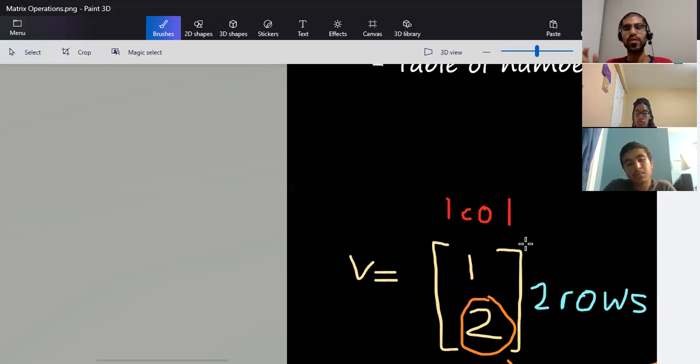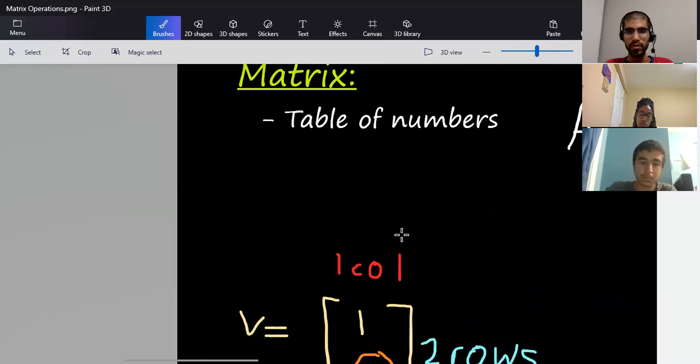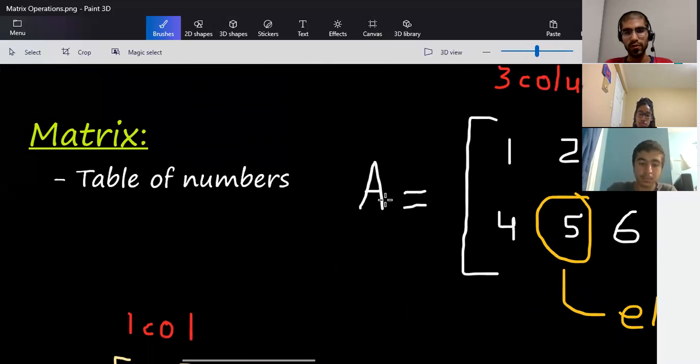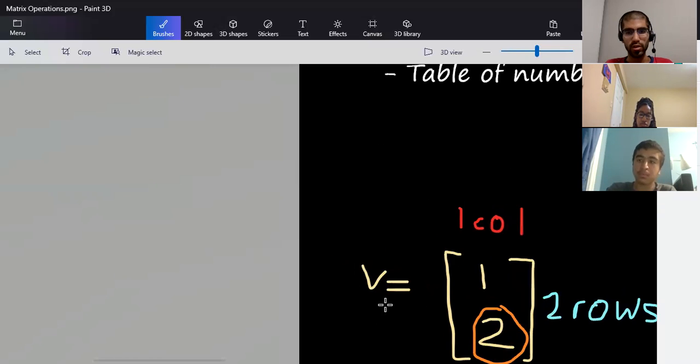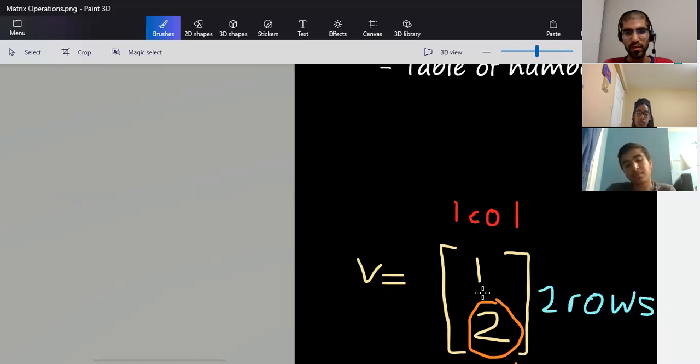The name that we give to this matrix is a vector. A vector, and we give it a different notation. Instead of a capital variable name, we just give it a lowercase variable name. You can think of it as a vector is less big because one of the dimensions is just one. So we give it a lowercase name.